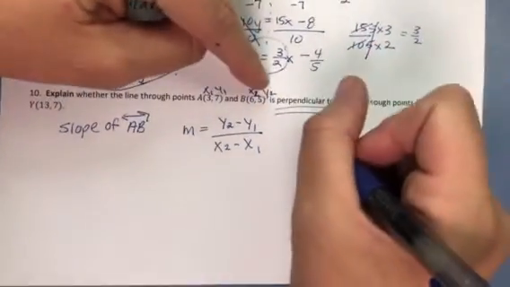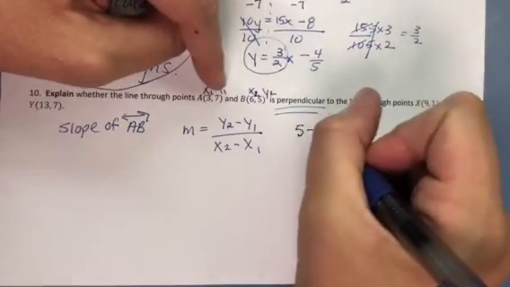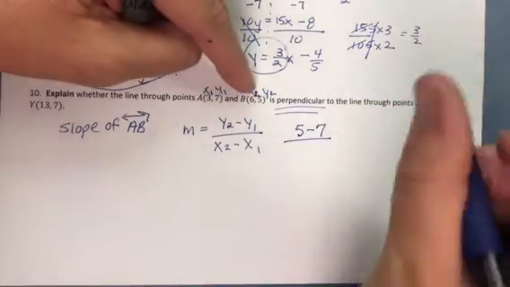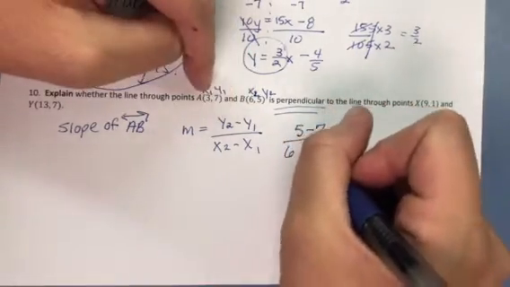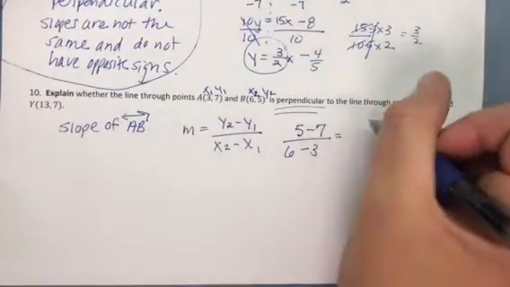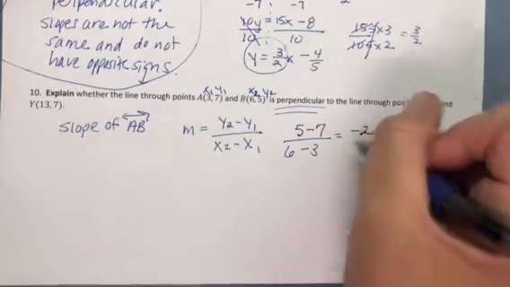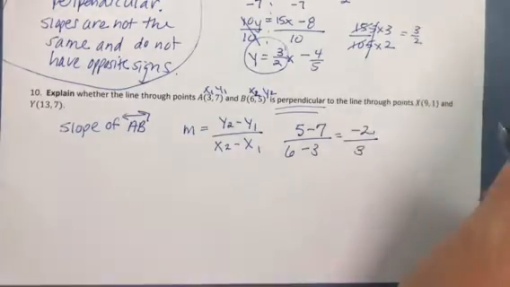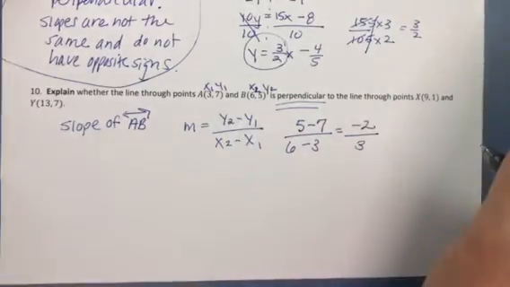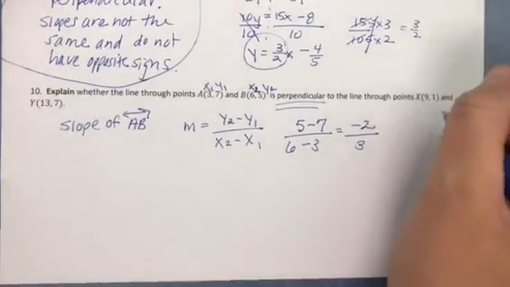So y2 is 5, y1 is 7, so I get 5 minus 7. x2 is 6, x1 is 3. Then if I simplify, 5 minus 7 is -2, 6 minus 3 is 3. And if just the numerator is negative and the denominator is positive, that means the entire slope is negative.